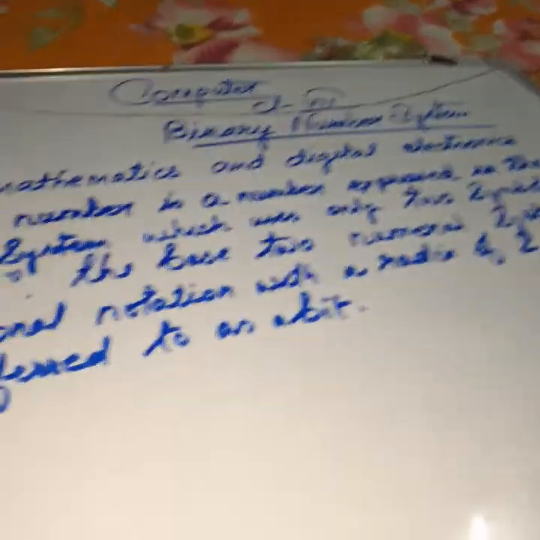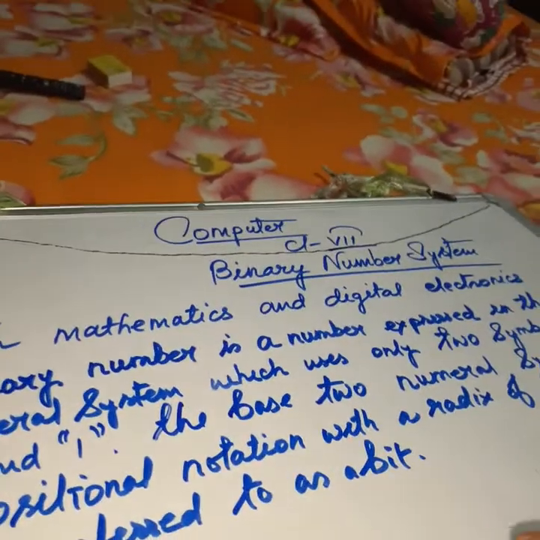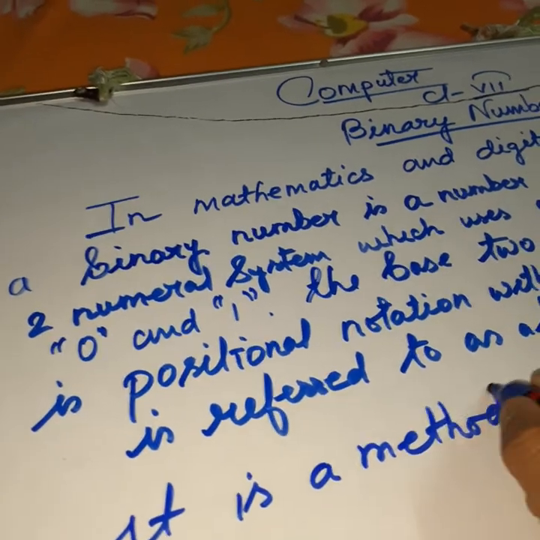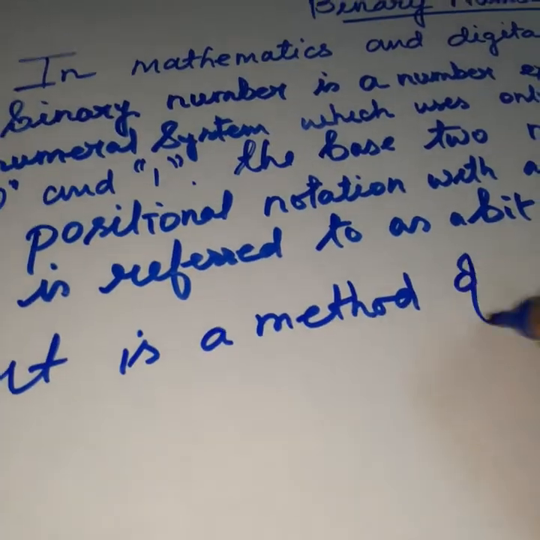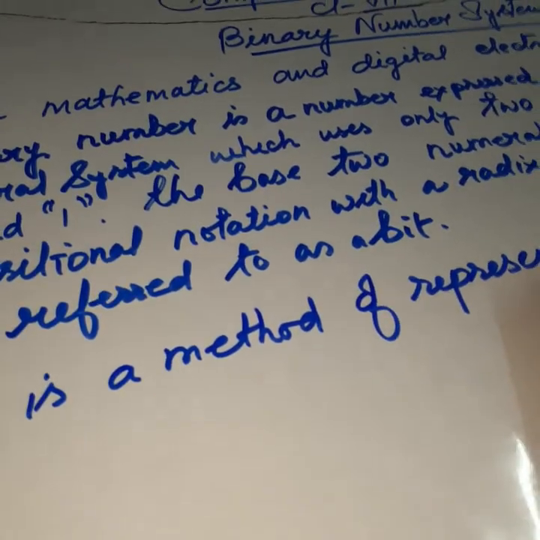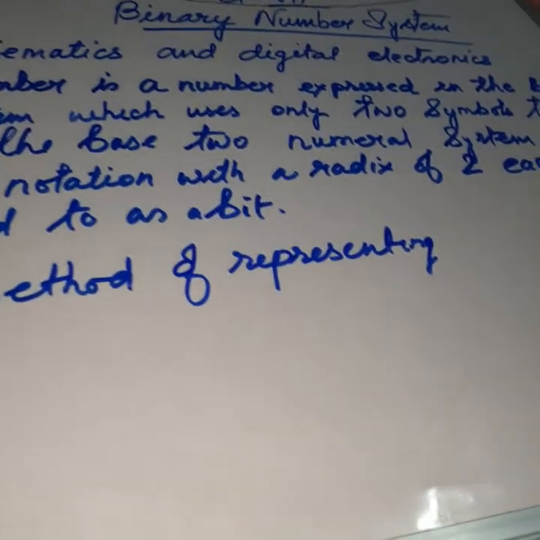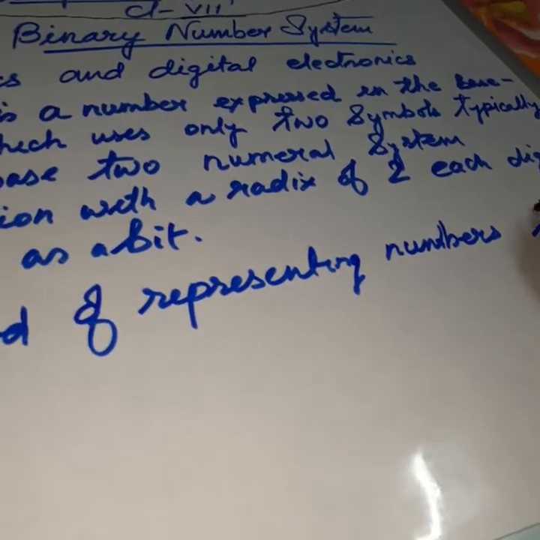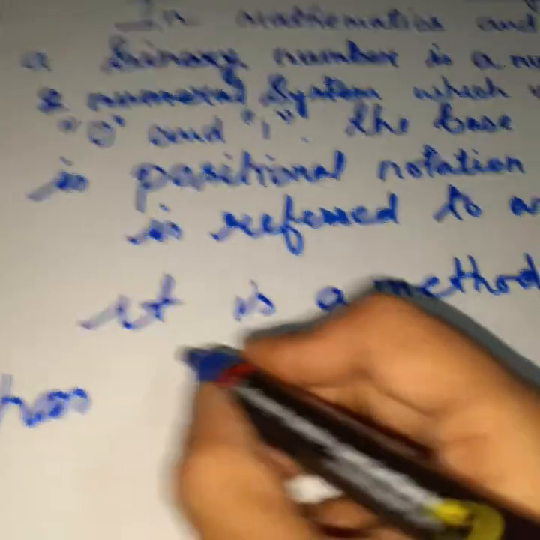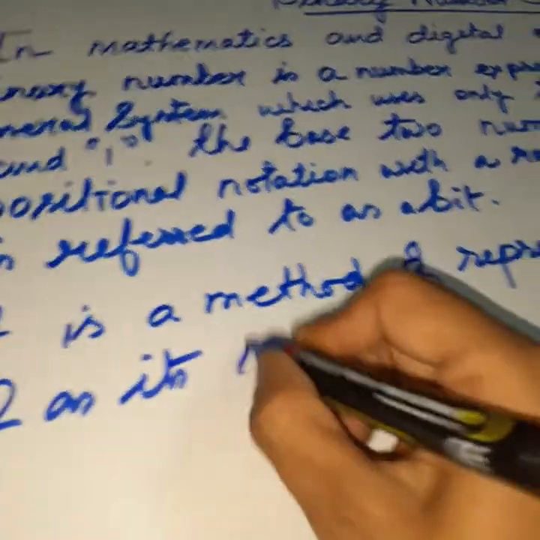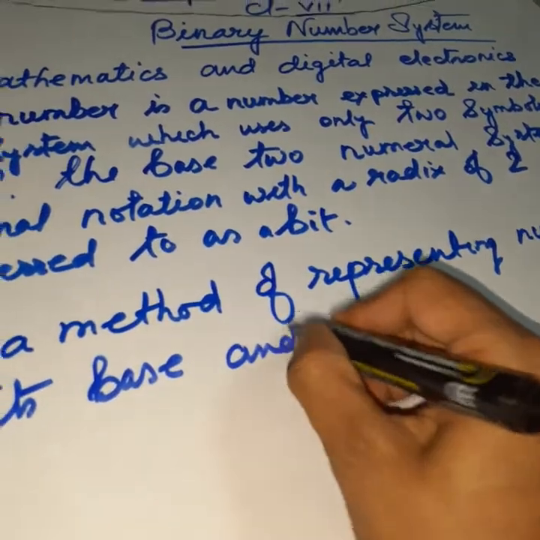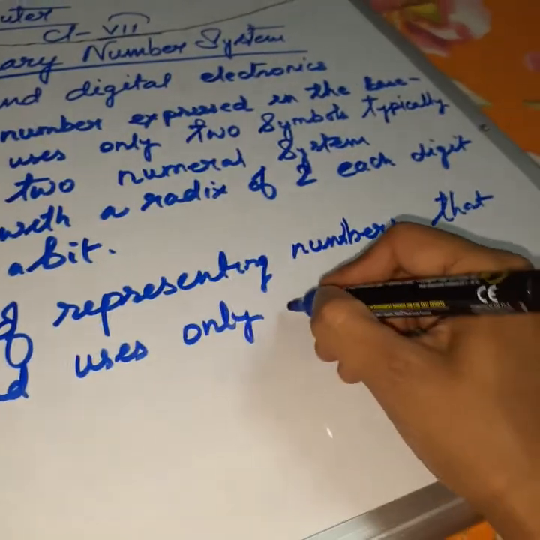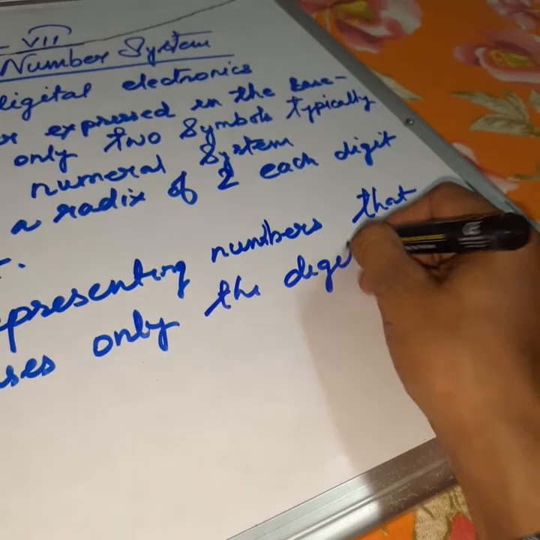Now what is the binary number system? It is a method of representing numbers that has 2 as its base and uses only the digits zeros and ones.